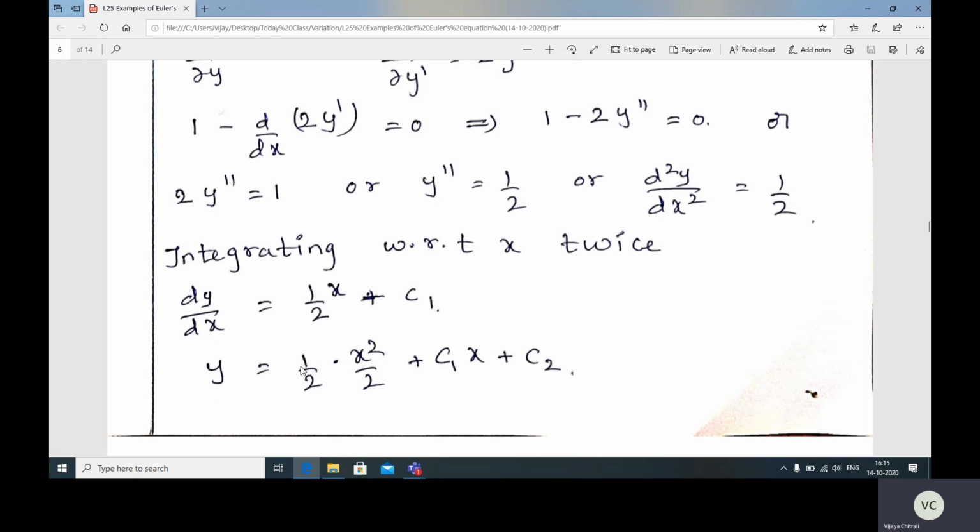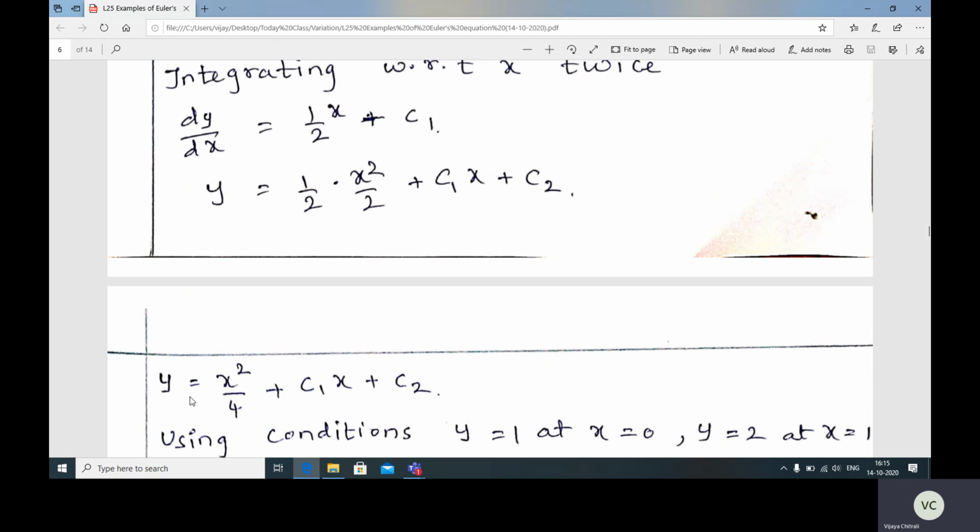So here n is 1, so x raised to 1 plus 1 is 2. So x square divided by 2 plus integration of constant is constant into x, and add integration constant as c2. Now we have the general solution as y is equal to x square by 4 plus c1x plus c2. So this is the general solution.